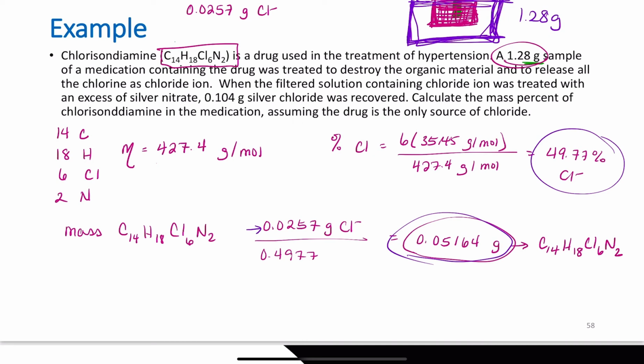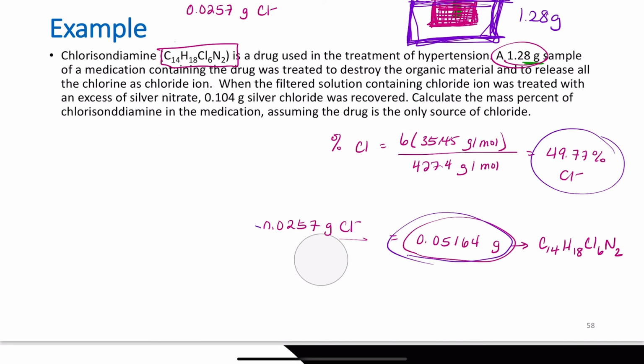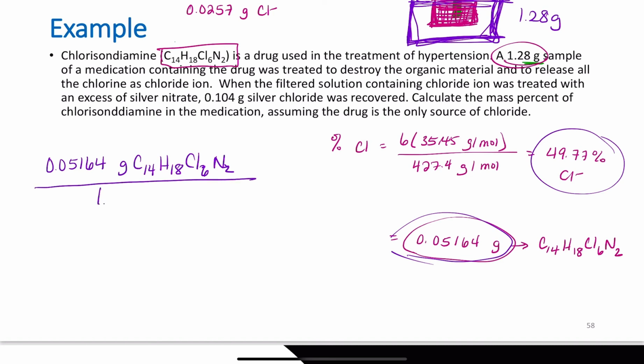Again, pause if you need to write anything down. Now what I want to find is the mass percent of chloroisodiamine in the medication itself. So I know I have 0.05164 grams of C14H18Cl6N2 in a 1.28 gram sample.